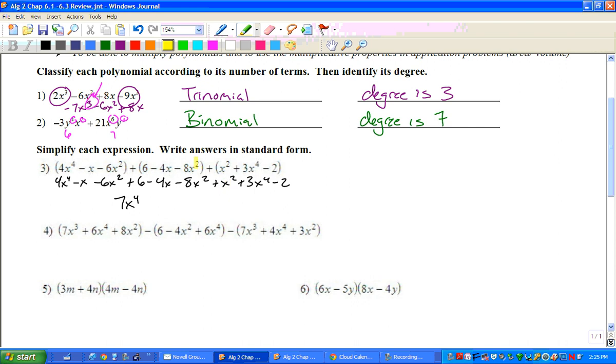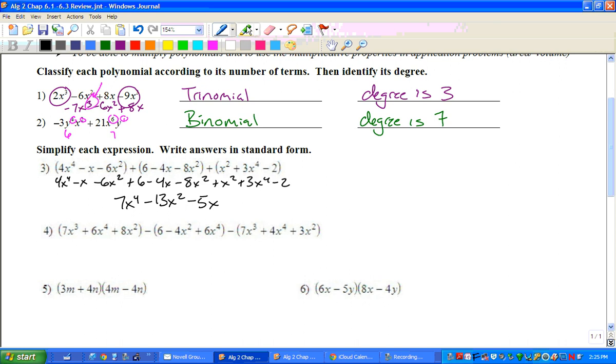Let's see, there's nothing to the 3rd power. What about our squares? There's 1, there's 1, and there's 1. So we have negative 6 minus 8 plus 1, which gives us negative 13x squared. Okay, just the x's gives you negative 5x.